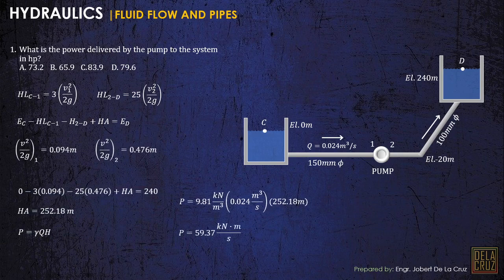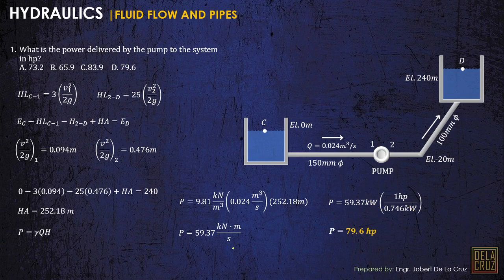But take note, kilonewton meters per second is equivalent to kilowatts, no? And convert natin siya to horsepower. So the conversion factor is in every 1 horsepower, we have 0.746 kilowatts, canceled out yung kilowatts, then the answer is 79.6 horsepower. Alright?